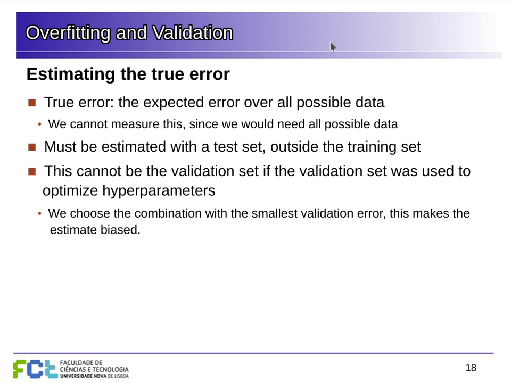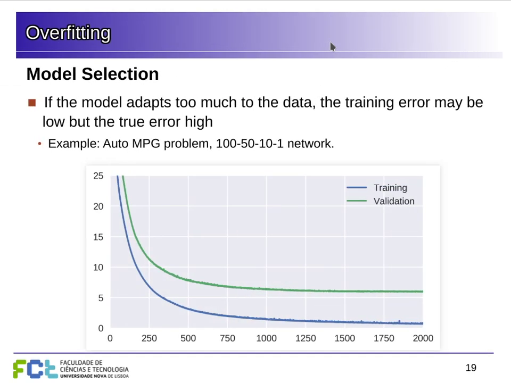Then when everything is working fine, you train everything and you get your final classifier, for example, or your trained model, and then you can use the test set to get an estimate of the true error. So this way we can try to select the best model.